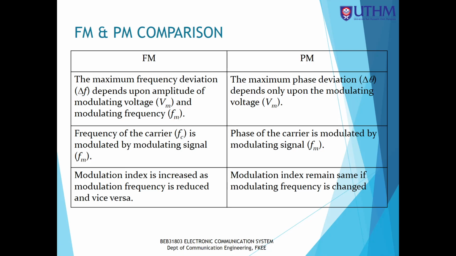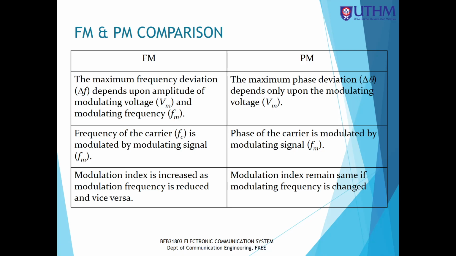Maximum frequency deviation delta F is equal to KF VM. Why is that?